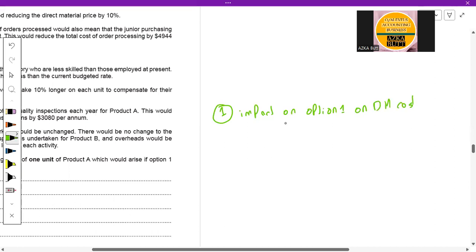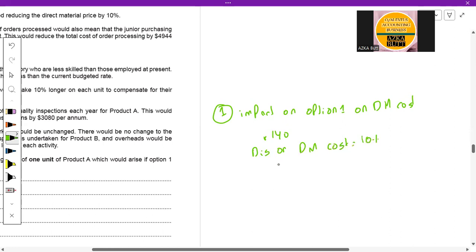So original direct material cost per unit was $140 from previous calculations, and discount on direct material cost is equal to 10%.